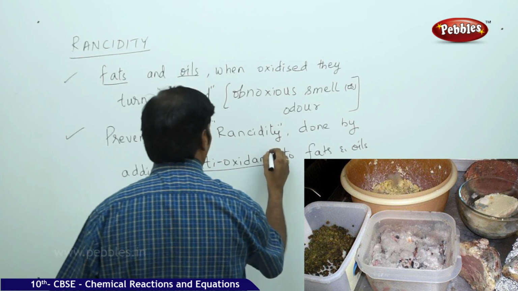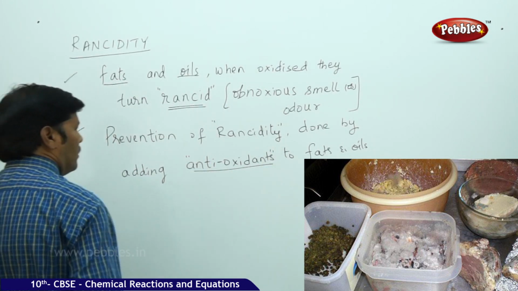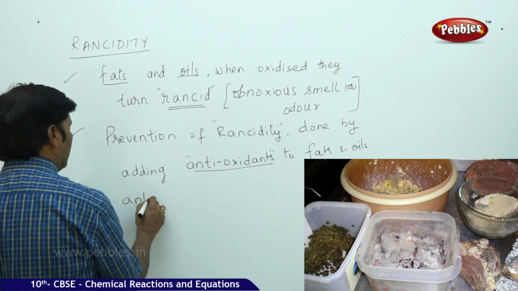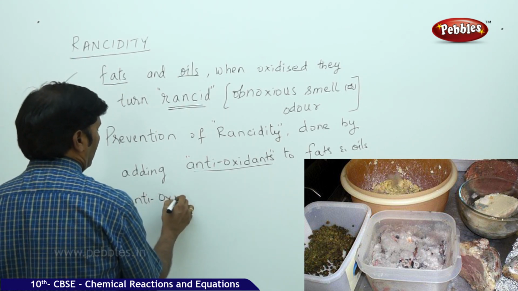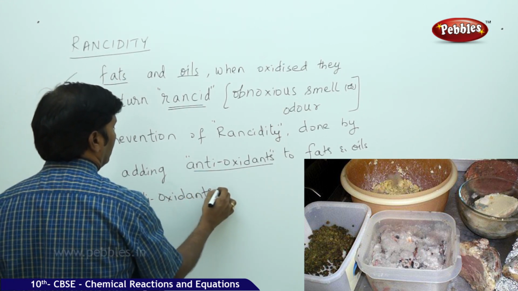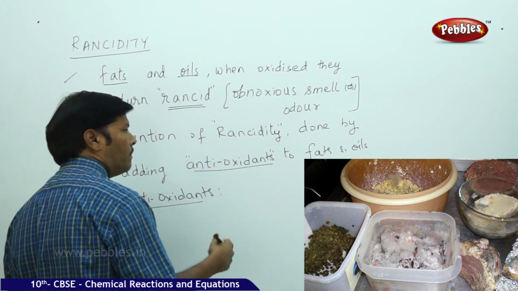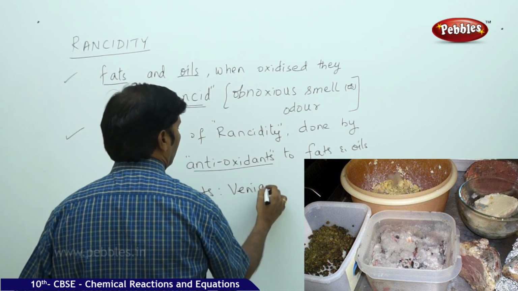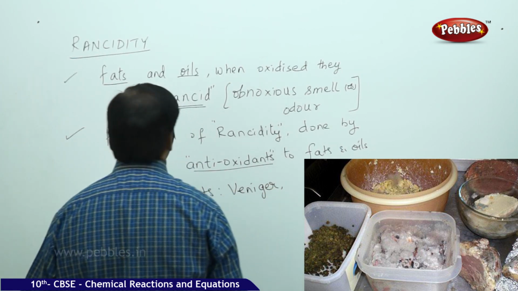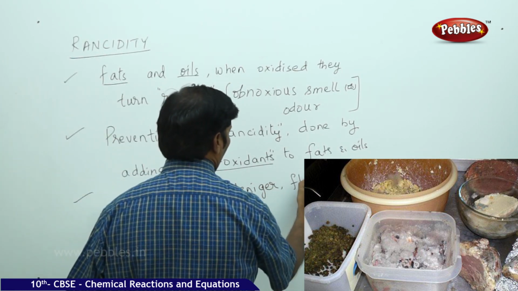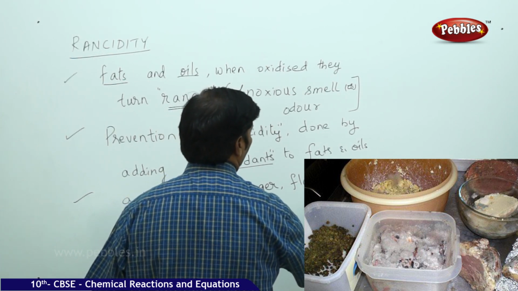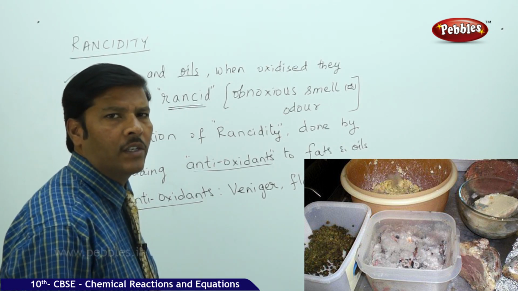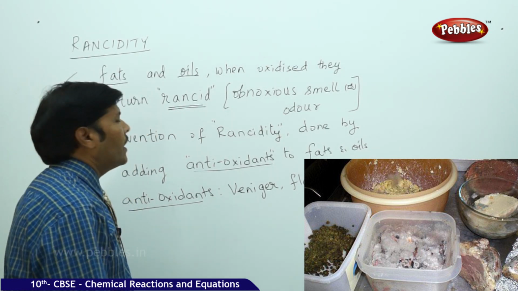Antioxidants for fats and oils. So if you go for antioxidants, anything which prevents the decay, we can add a small amount of vinegar, we can add a small amount of flavoproteins and so on. All this will prevent the rancid nature of the oils and fats.